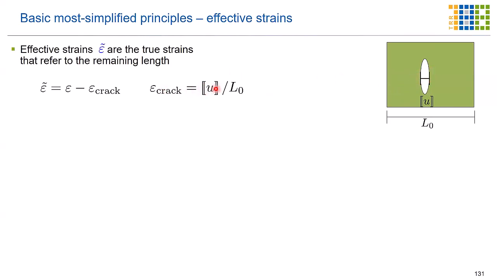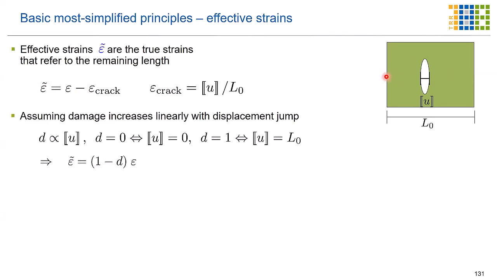So we have the displacement jump U, and that's divided by L0. And this is what we do not want to take into account. That's not a strain that we can relate to a stress. That's the opening of the damage void, for example. We only want to relate stresses to the strain inside the bulk material.